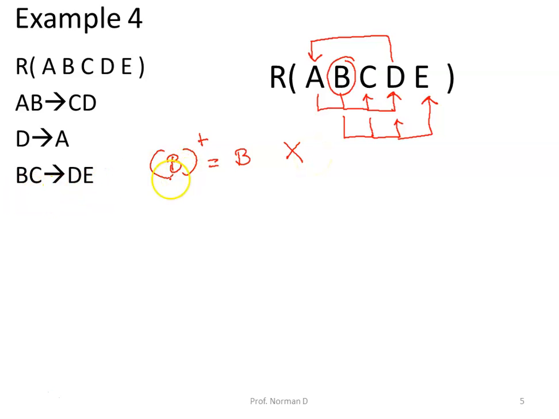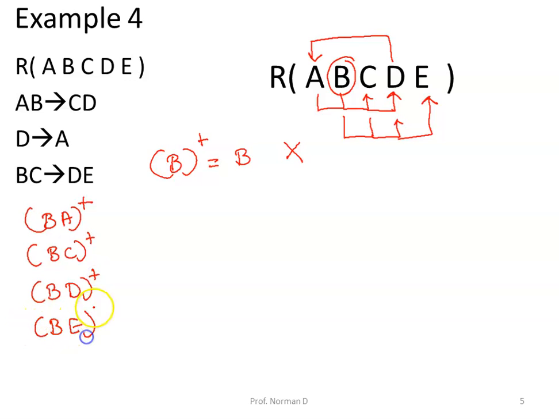Next, we combine this essential attribute with the other attributes and check whether we are getting the relation or not. So we combine B with A, B with C, B with D and B with E, going step by step, and calculate the closure on all of these.